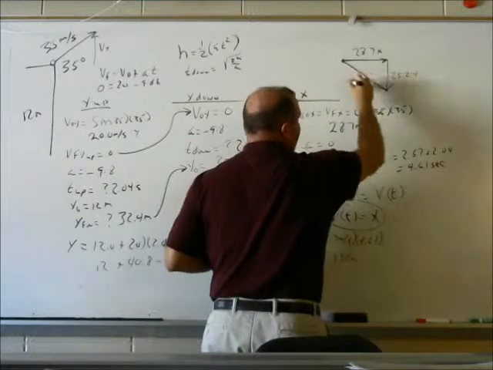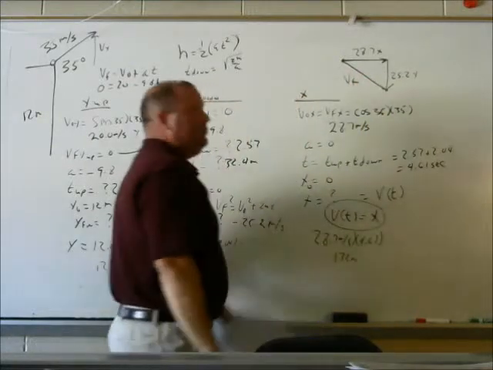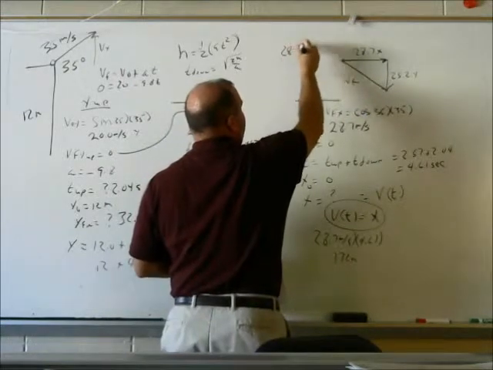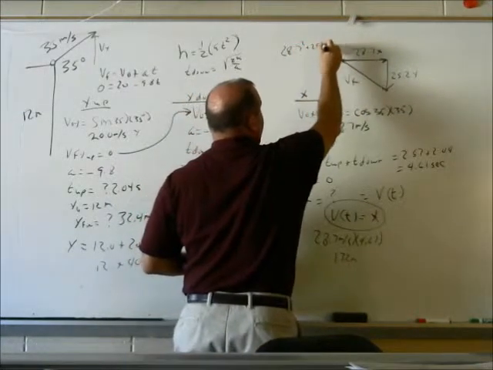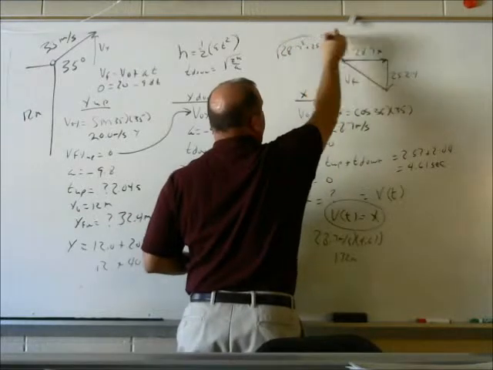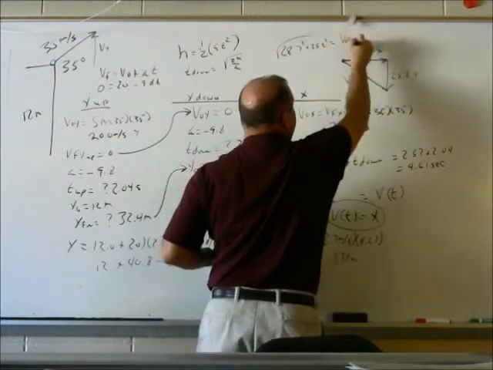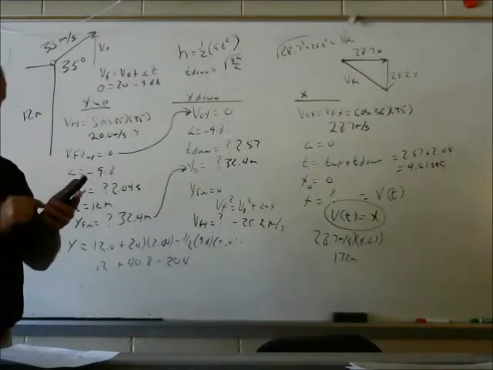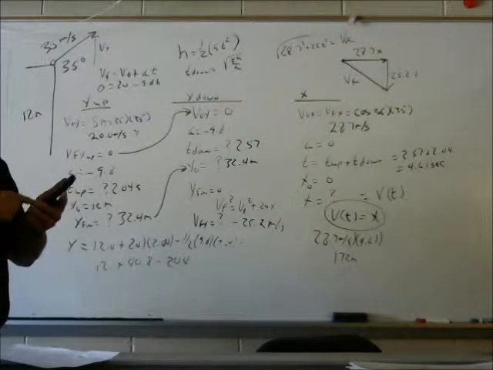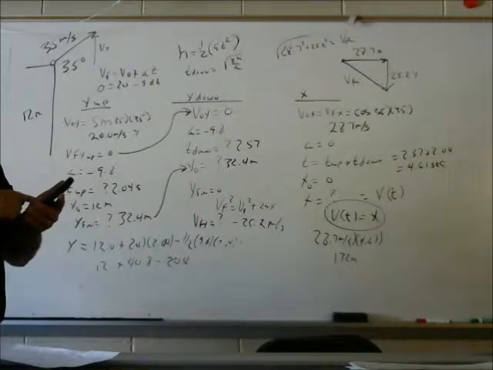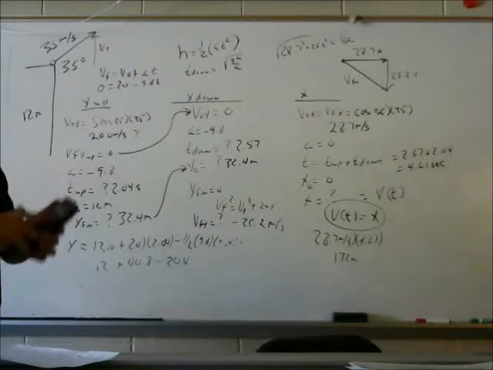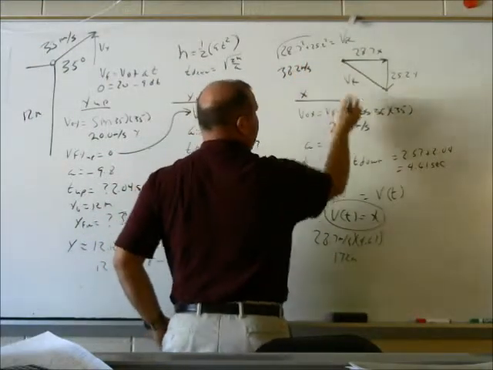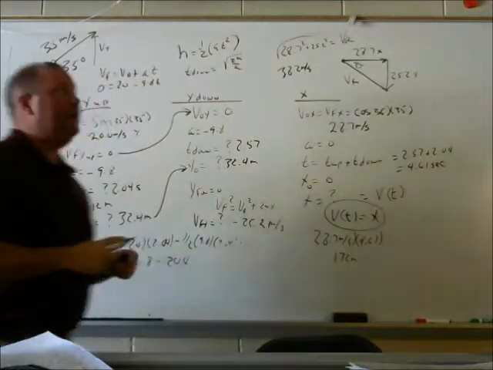I need to find that resultant velocity, so I use the Pythagorean theorem: 28.7 squared plus 25.2 squared, square root, should give me the magnitude, or how fast it's actually going at that time. It should be about 38.2 meters per second. And of course we could look at finding the direction if we wanted to.